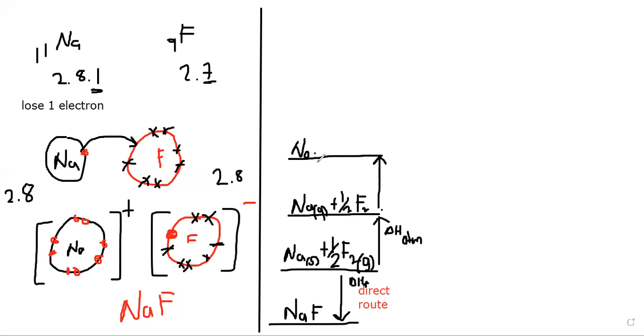And remember, when an atom loses an electron, it forms a positive ion. So here, sodium is in the gaseous state. So the next process is to convert it to the sodium ion because we are removing an electron from it. So if the sodium atom gives up an electron, it forms the sodium ion.